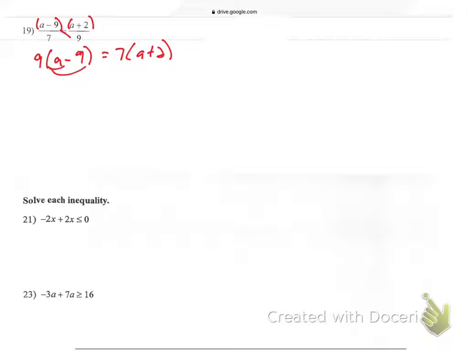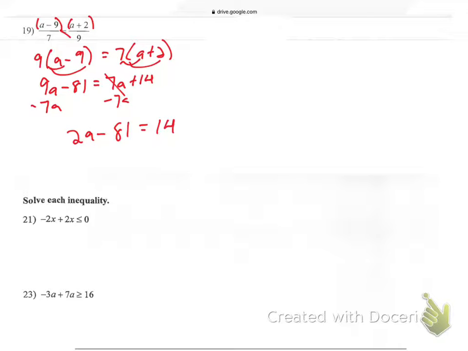I'm going to distribute first. 9a minus 81 is equal to 7a plus 14. I'm going to minus the 7a to cross that out. So that would be 2a minus 81 is going to be equal to 14.